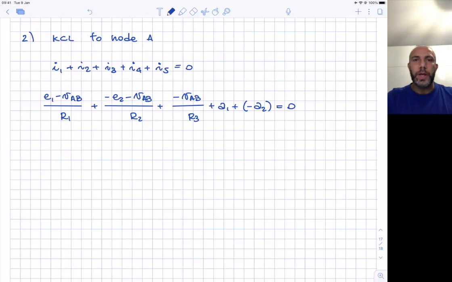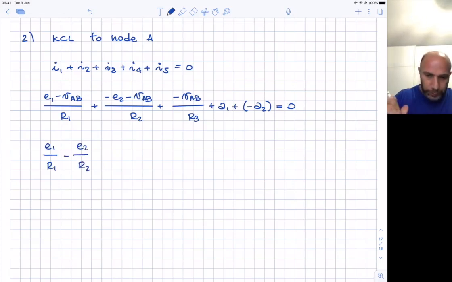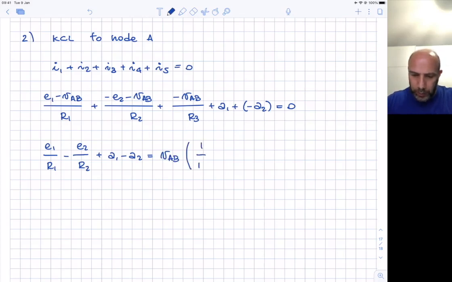In this formula, the only unknown is the voltage VAB, so we can factor out with respect to VAB. If we move the terms with VAB to the right hand side, we have E1 over R1 minus E2 over R2 plus A1 minus A2 equals VAB that multiplies 1 over R1 plus 1 over R2 plus 1 over R3.